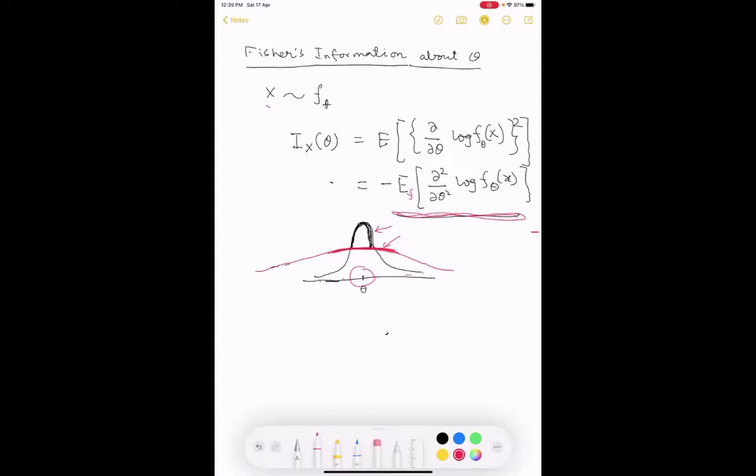If you look at the definition, it is taking a differentiation with respect to theta.